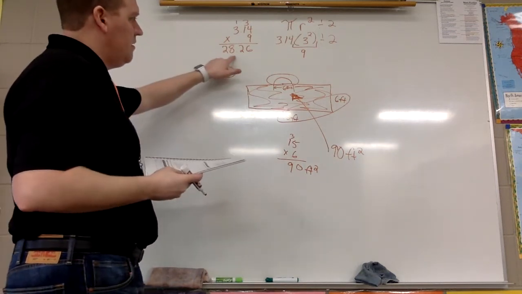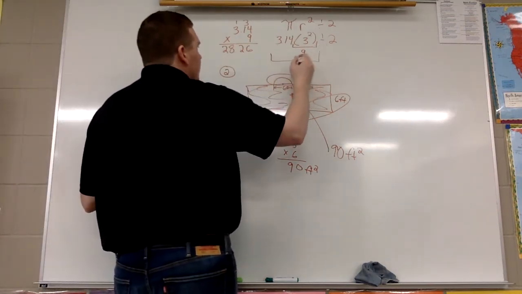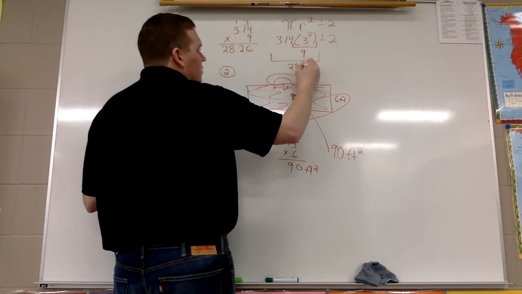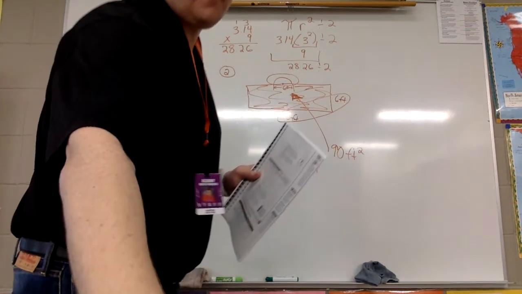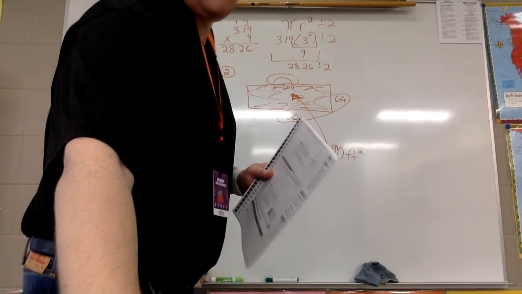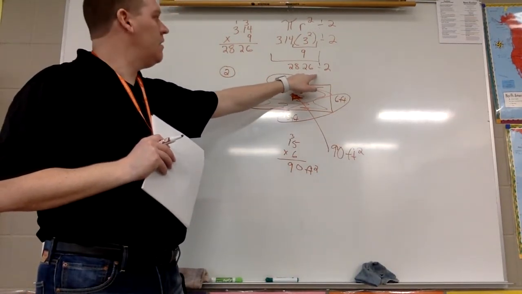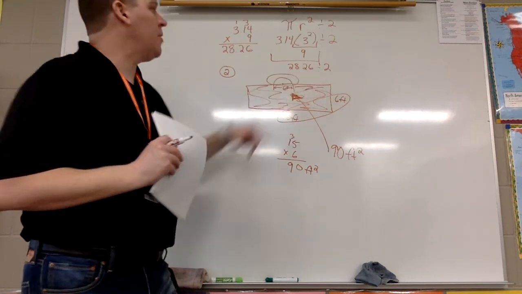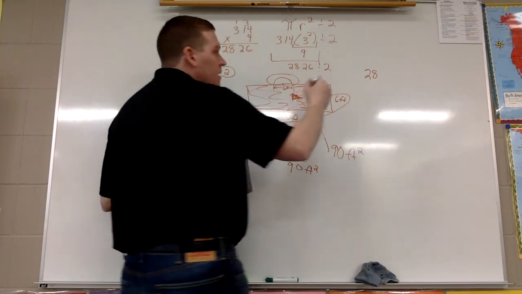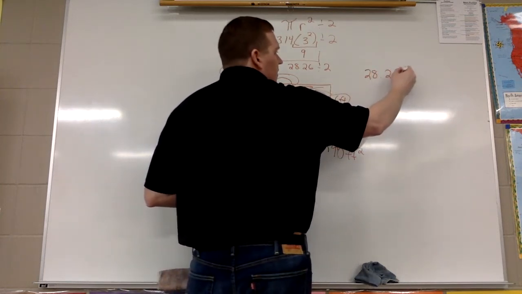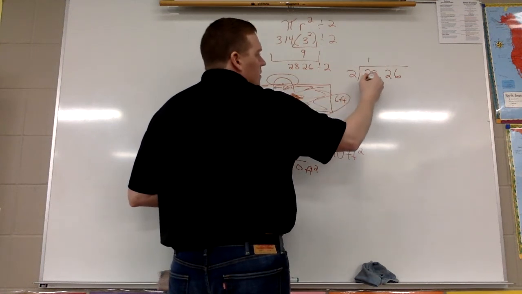But then, my last step, after I multiply these two, is to take 28.26 and divide it by 2. I know for sure that it is going to go in evenly because it's an even number. So when I take 28.26 and I divide by 2, 2 goes into 2 once.